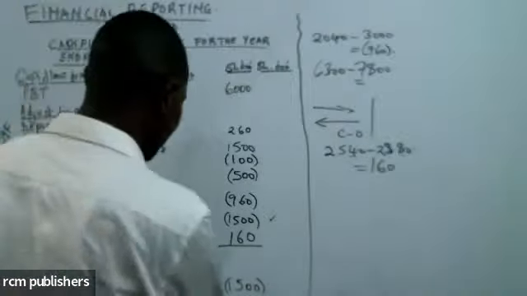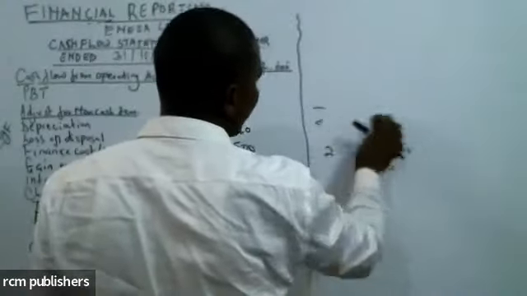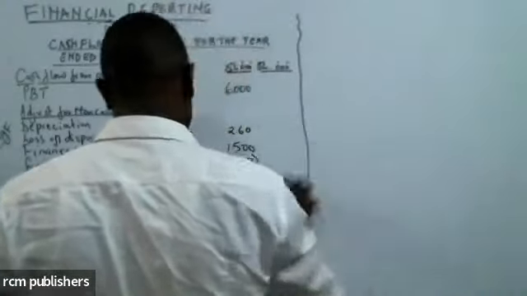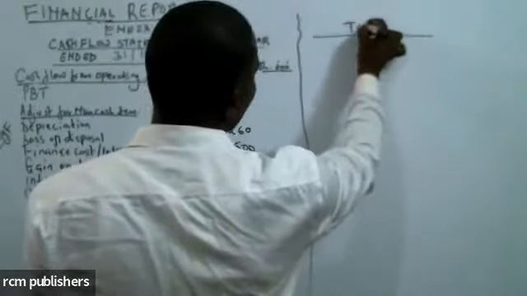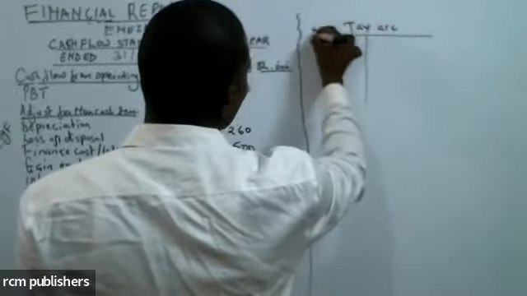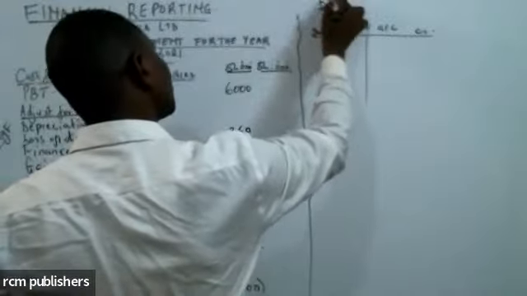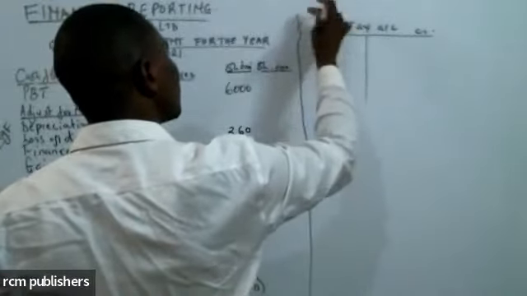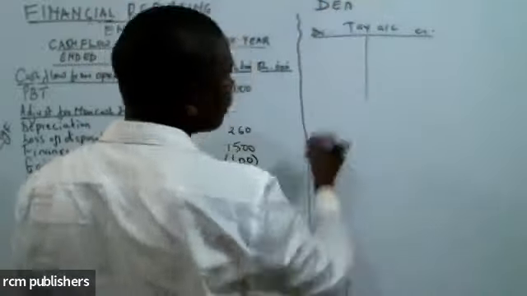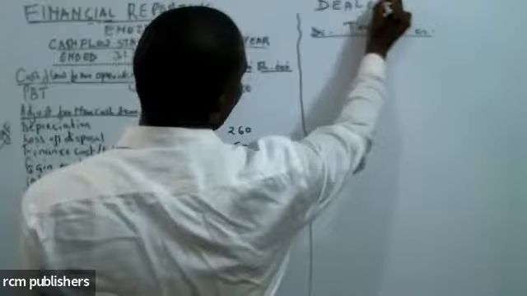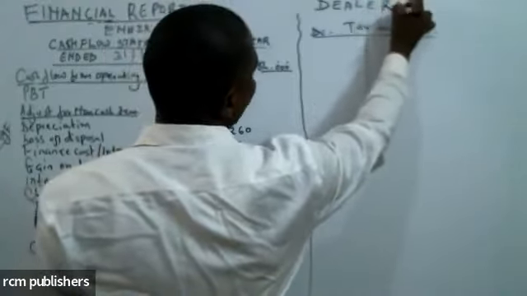Now for the tax class, this is the way I want you to be computing tax in any way. So come and open a T account here. Tax account. This is debit, this is credit. And we know the DEALER.